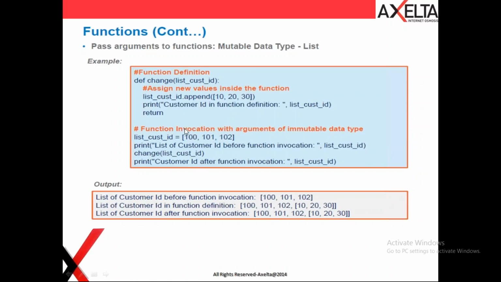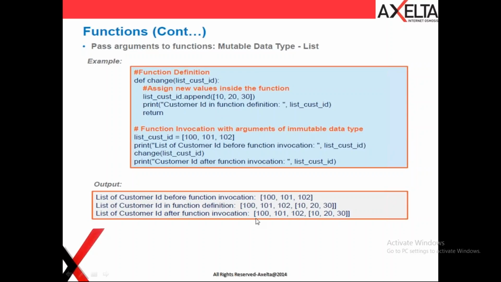Okay, then it is done. Then again it is appended. Then I am able to print it. Finally I am printing the list. Since list is mutable, whatever changes the function is trying to do inside the list are reflected.